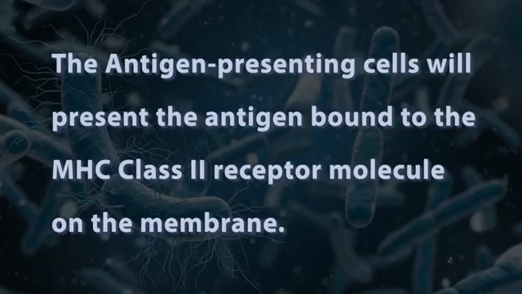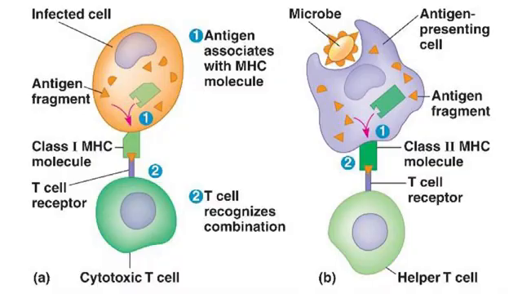The antigen presenting cells will present the antigen bound to the MHC class 2 receptor molecules on the membrane. The CD4 receptor molecules on the helper T cells will recognize those cells and bind with the antigen bound to the MHC class 2 molecules.